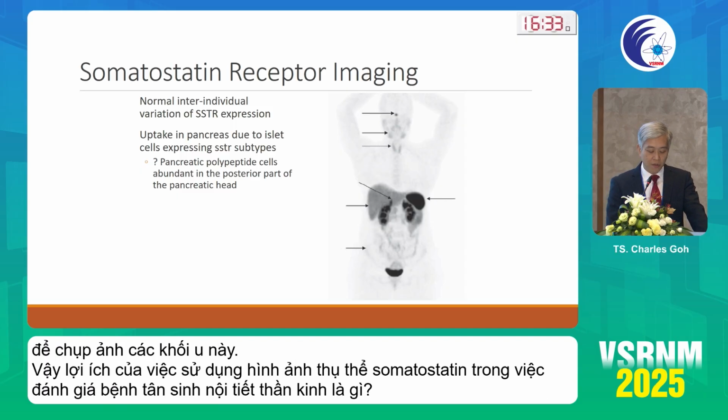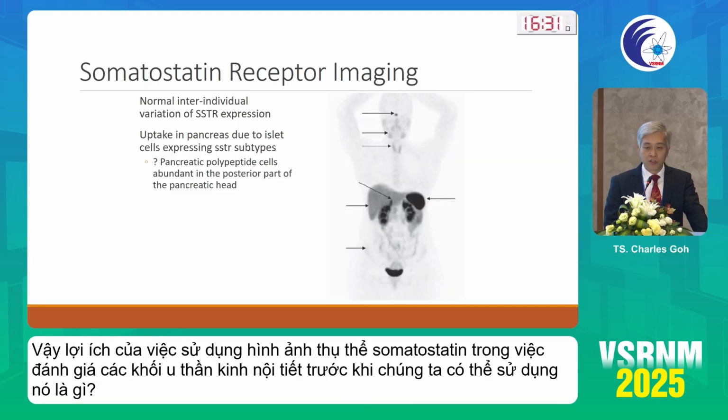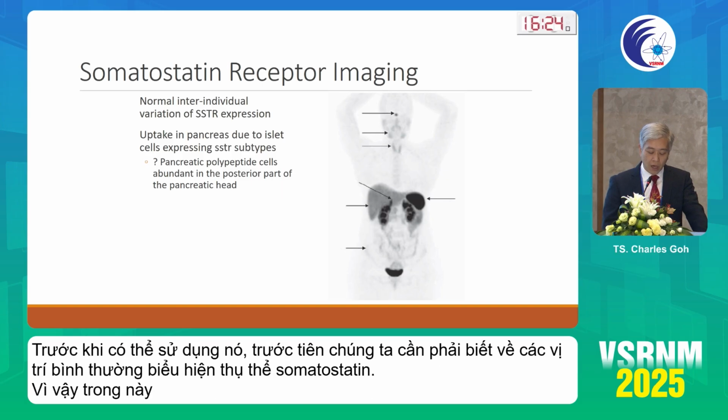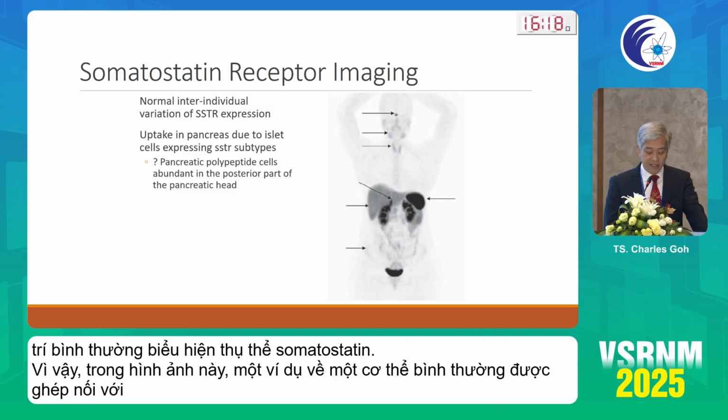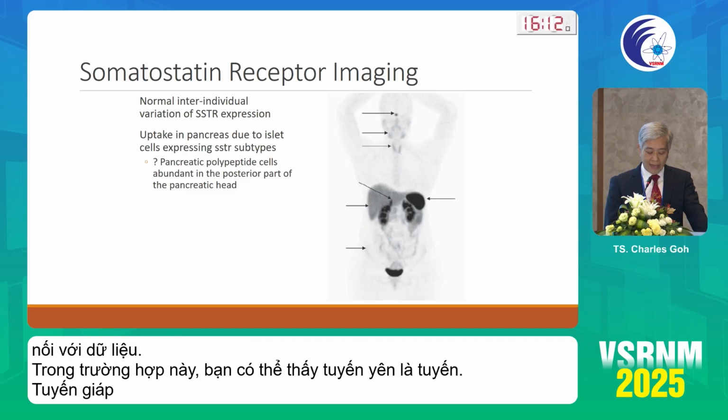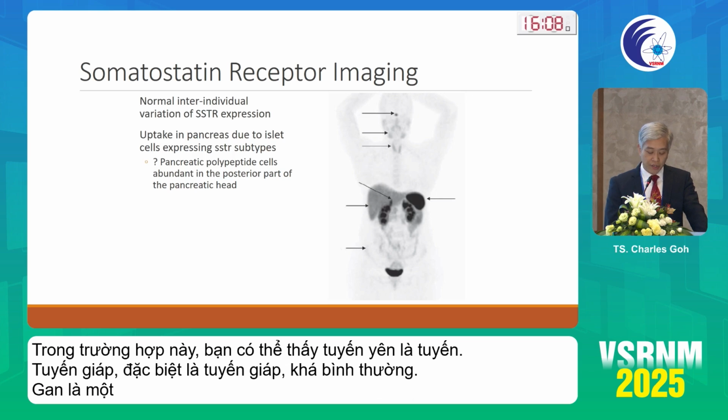Before we can use it, we first need to be aware of the normal sites that express somatostatin receptors. In this imaging example of a normal whole body PET with DOTA-TATE, we can see the pituitary gland, the salivary glands, the thyroid, especially the spleen, which is quite avid, the liver, adrenals, and in the urinary system, there is quite a fair amount of tracer.